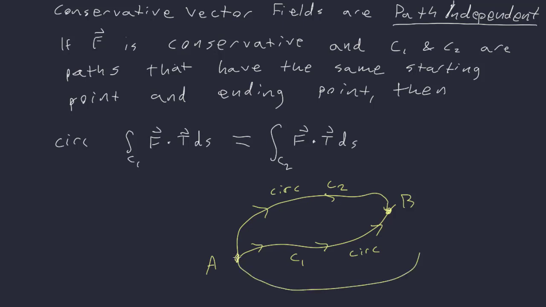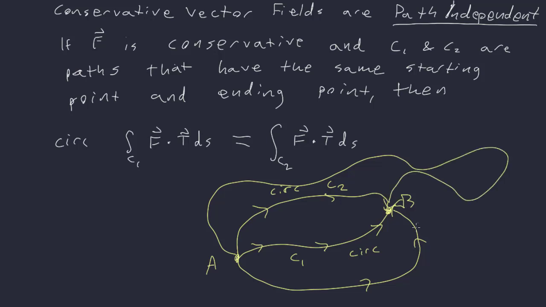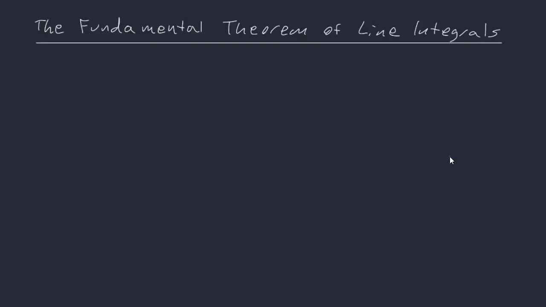So that means that we can go from A to B in any way we want. However, what that means in practice is that if it doesn't matter, then we could always just use the line. Since if the field is conservative, it will be path independent.